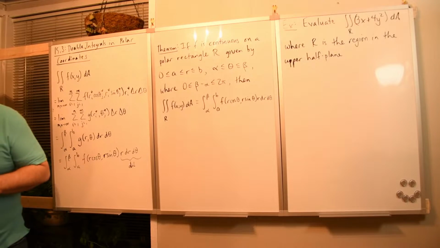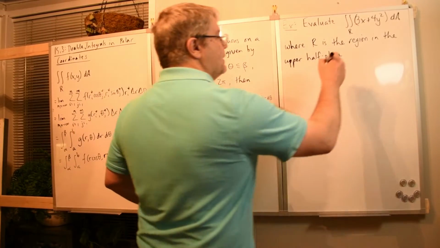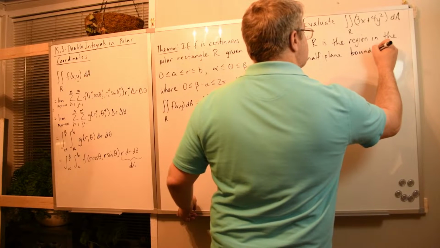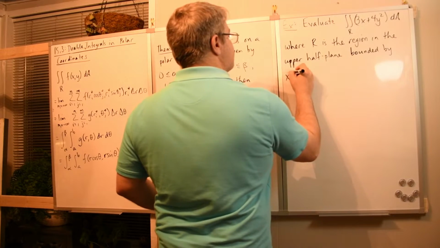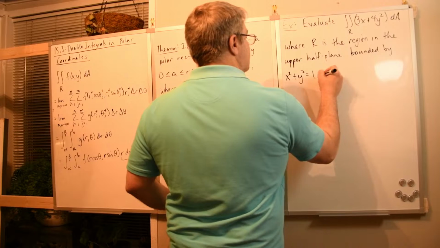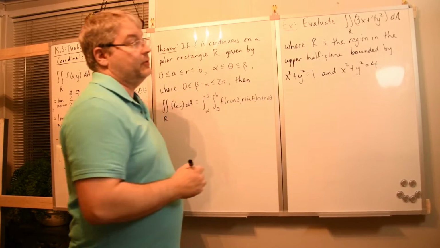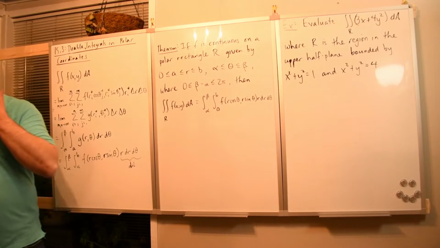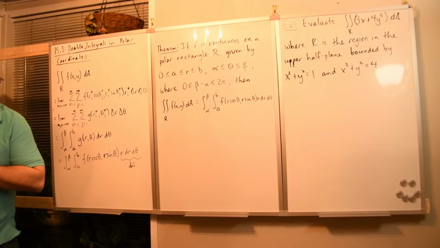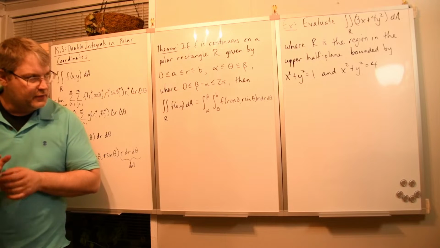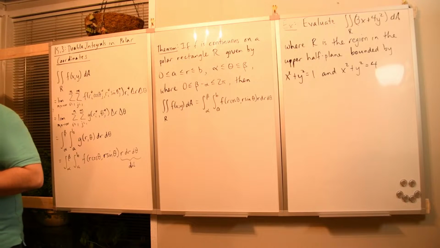So you have x squared plus y squared equals 1, and you'll have x squared plus y squared equals 4. Now keep in mind, x squared plus y squared equals 1 is a circle of radius 1 centered at the origin. x squared plus y squared equals 4 is a circle of radius 2 centered at the origin.